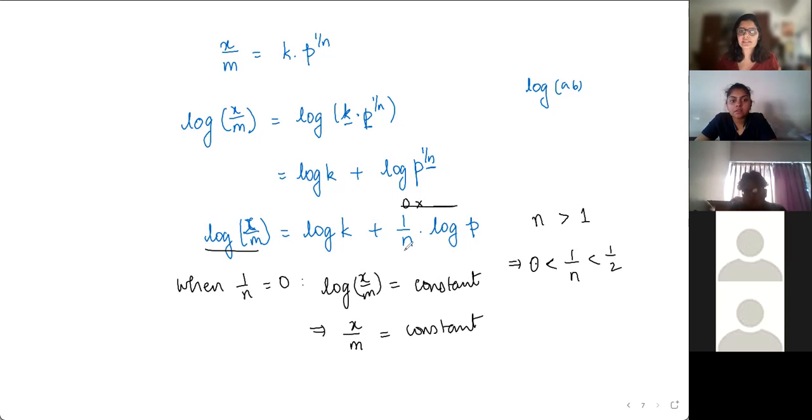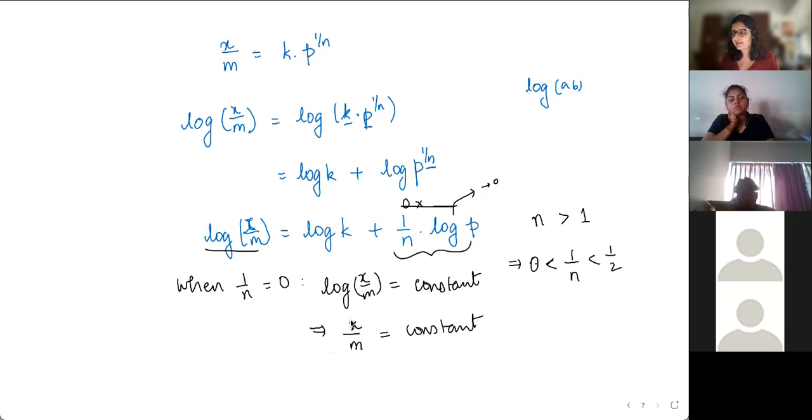Basically at extremely high pressures, the quantity that is adsorbed will remain constant. The whole surface gets saturated with the gas, so whatever pressure you apply, more and more is not going to be adsorbed.